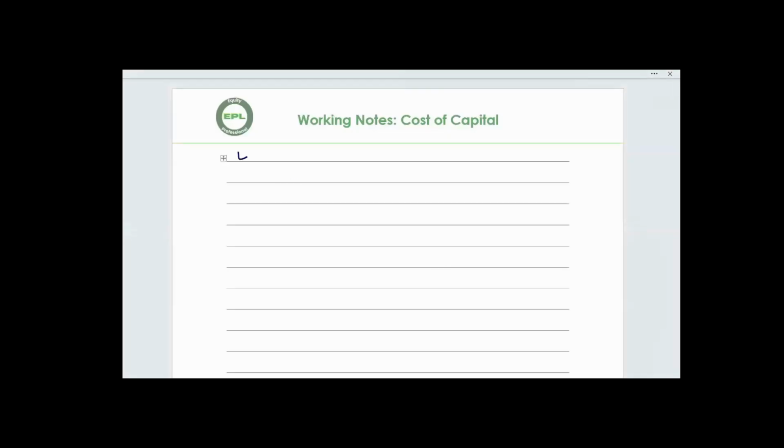Solution to illustration 9, page 29. The name of the company is Emery PLC.